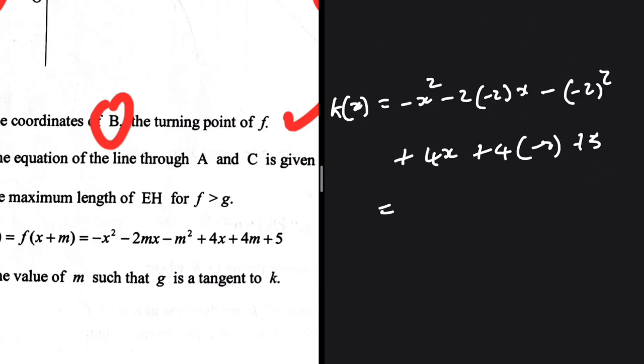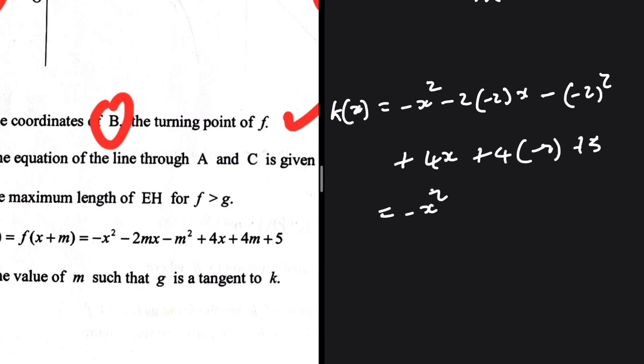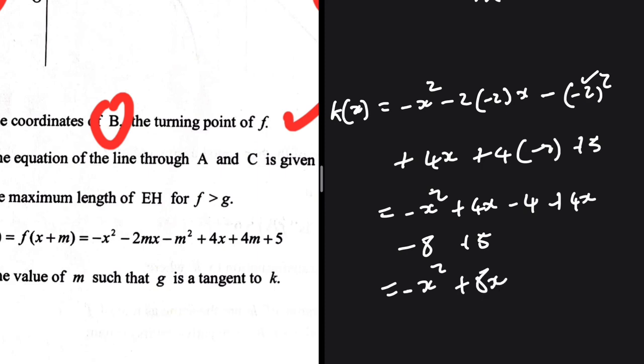So k of x is equals to minus x squared plus 4x, and then minus 4 plus 4x minus 8 plus 5. Okay, so minus x squared plus 8x. So minus 4 minus 8 plus 5, that is minus 7. Minus x squared plus 8x minus 7.